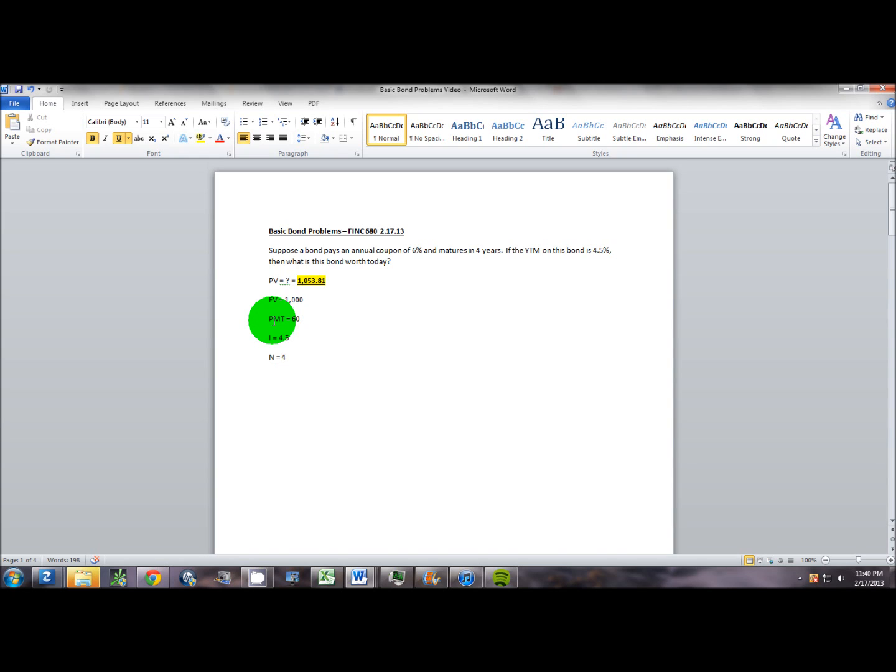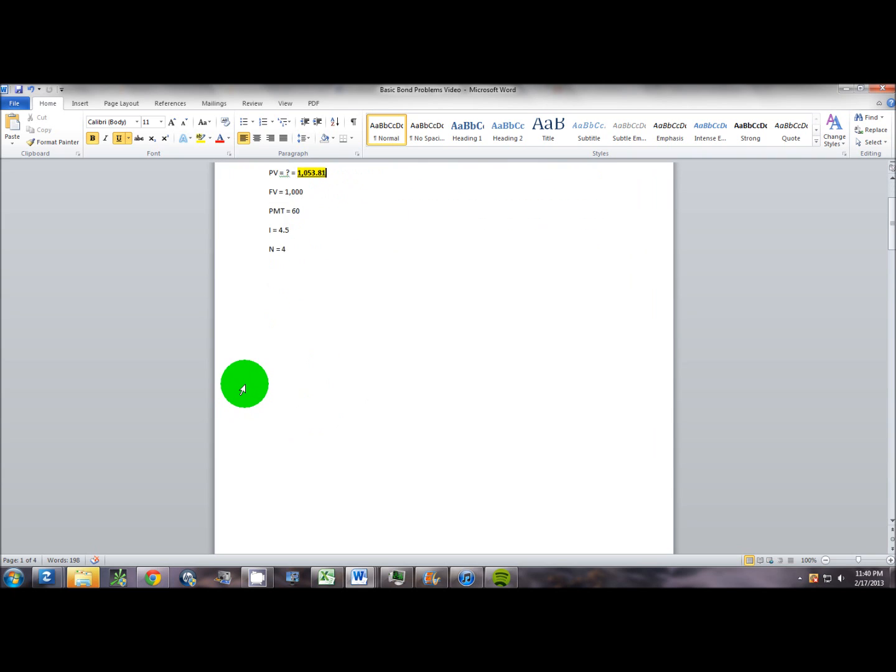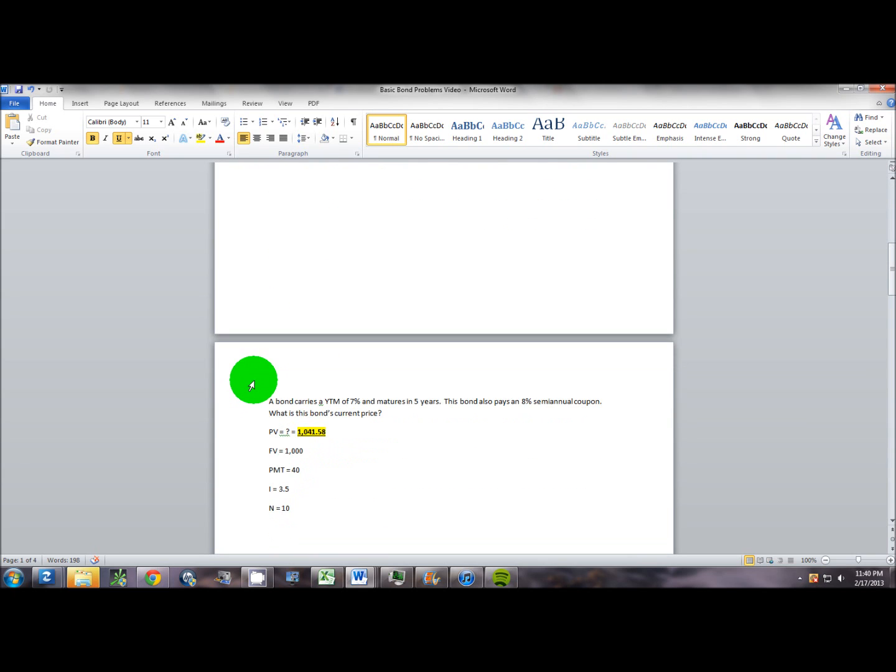Even the more challenging problems, I can't really think of a situation where you would need to veer from that methodology to get you to the right answer. So for this particular problem, these would both go in as positive inputs, leading you to have a negative output here. So that's 1053.81. So let's scroll down to our next problem.